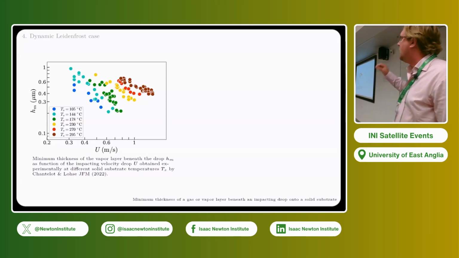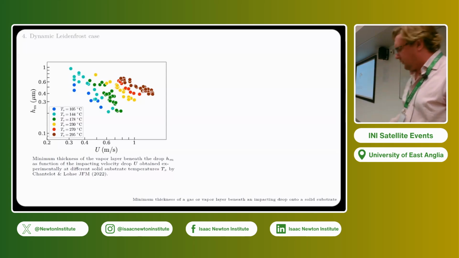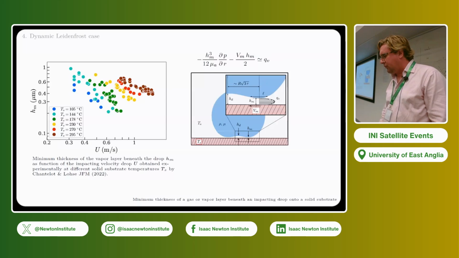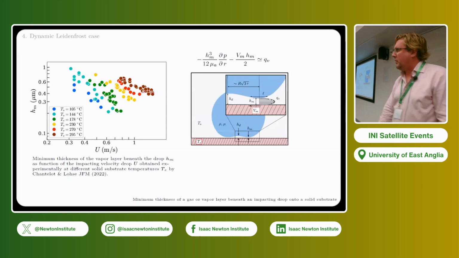Each color corresponds to a different temperature of the solid. So now we are heating the substrate, so we are evaporating the liquid. In this case, the liquid was an ethanol drop impacting the solid substrate. So we have an evaporating flow rate.